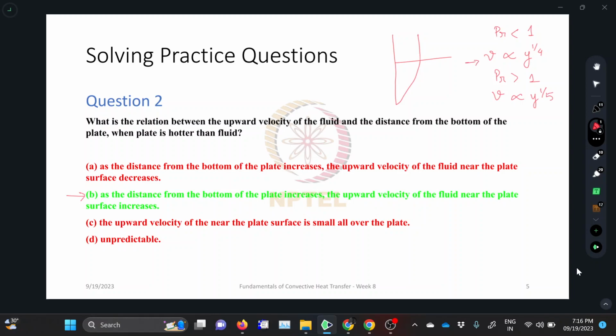Now, in both these cases, with increasing y, meaning the distance from the bottom of the plate increasing, the velocity also increases. It's not a directly proportional thing. There's an index of 1/4 or 1/5, but nonetheless, with increasing distance, the velocity also increases. So that's why it would be option B, not option A.